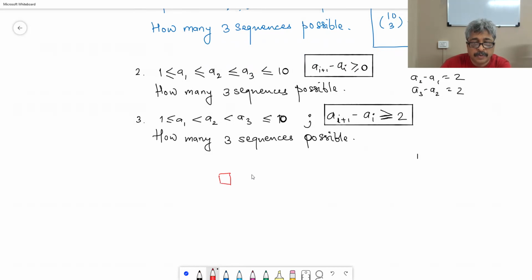One, 2, and 3. These are our three numbers who are going to sit here. And we have a flexibility of putting some number here, some number here, some number here.